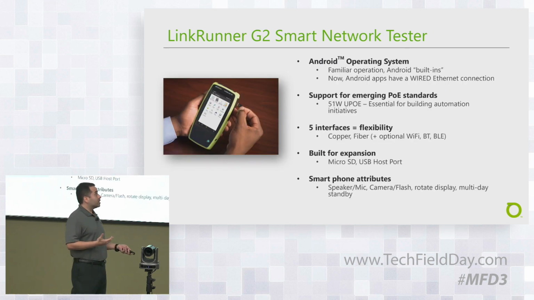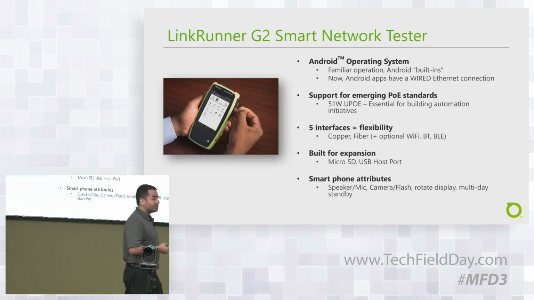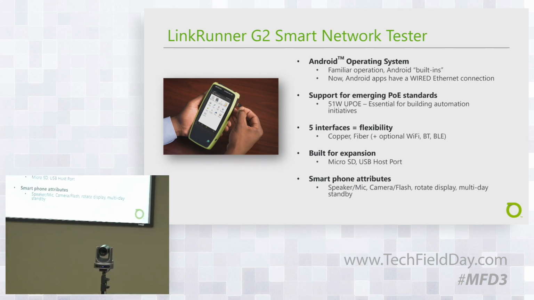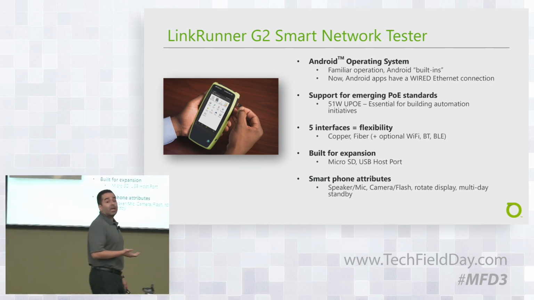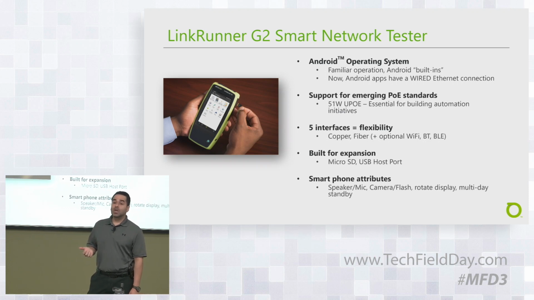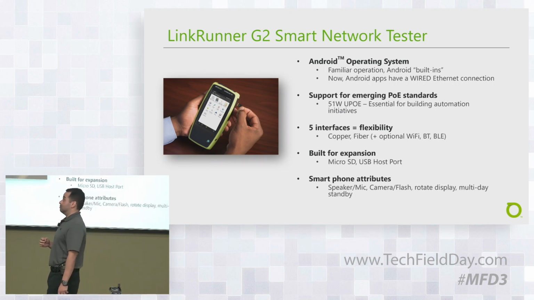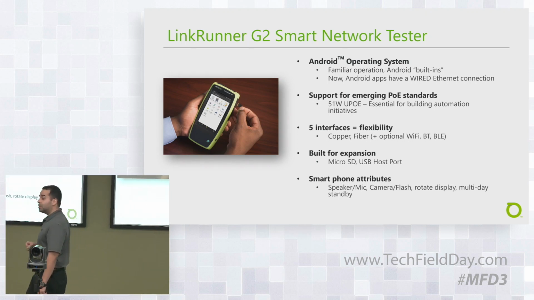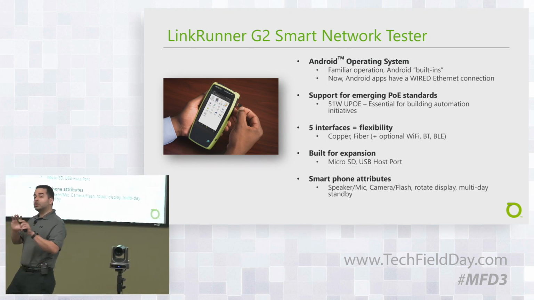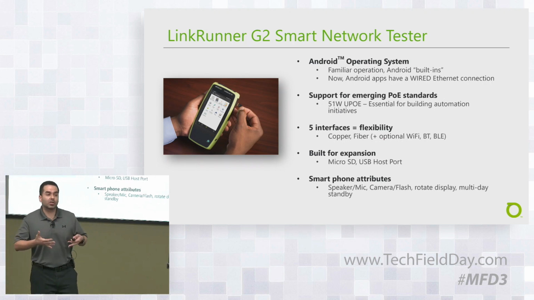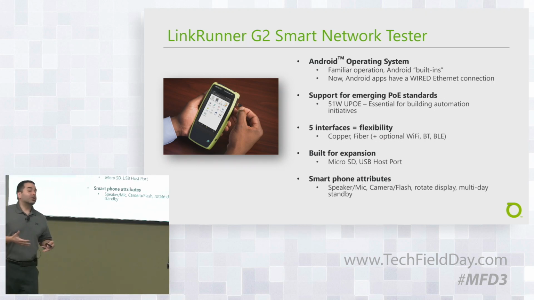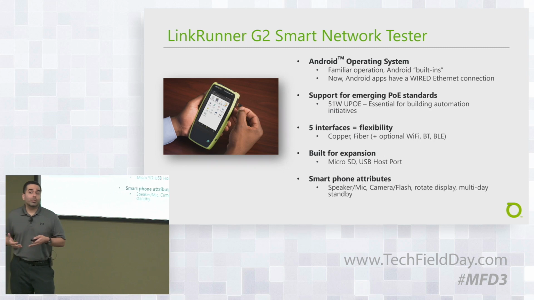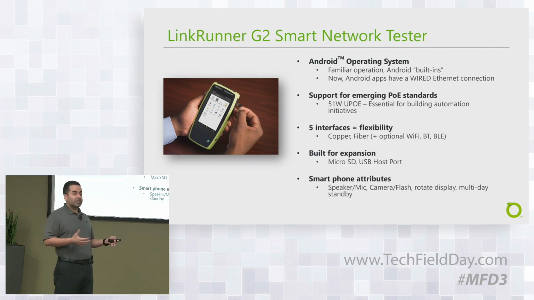So technically, it uses an Android operating system, which means that, same as your phone, you can install apps on it. You can run different applications, use different tools, etc. So you're not restricted to the capabilities of the tester itself. So now, instead of having to carry around both your tester and your laptop, for example.